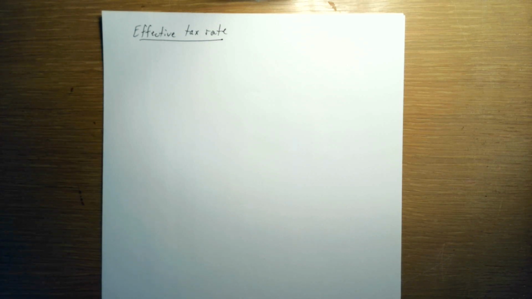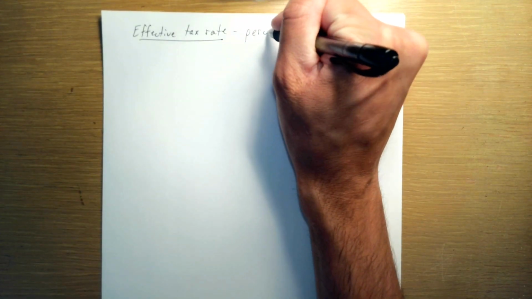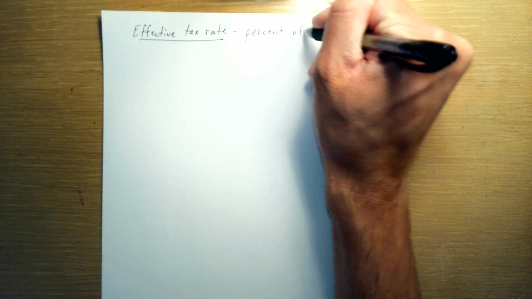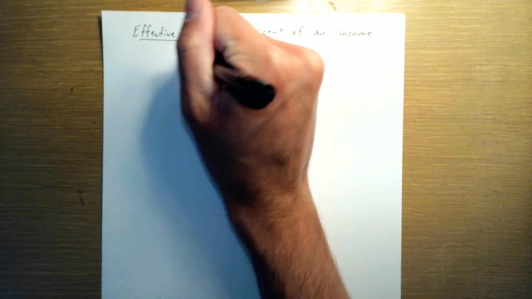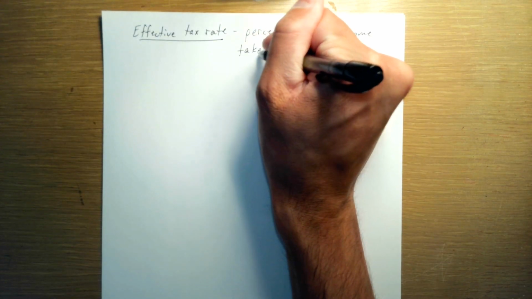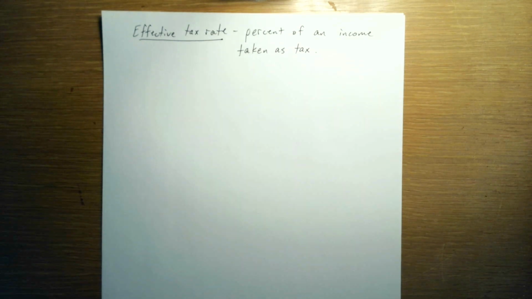It's the percent of an income that is taken as tax. So the effective tax rate will be different for different incomes, even in the same tax system.